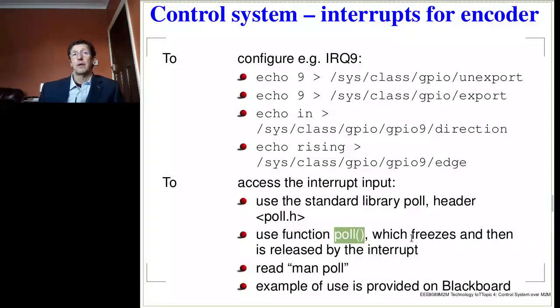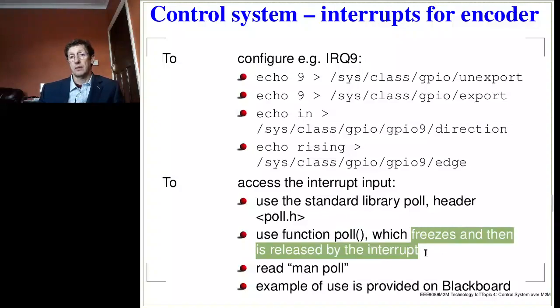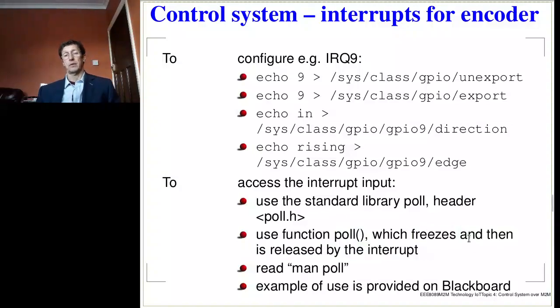This function freezes when you start it, and then sits quiet, and is released when an interrupt appears. So if you have a loop, and this loop is poll, then it stops there, the interrupt arrives, it continues and stops again. So how to count those interrupts? As it is released, just increment the count and it stops again.